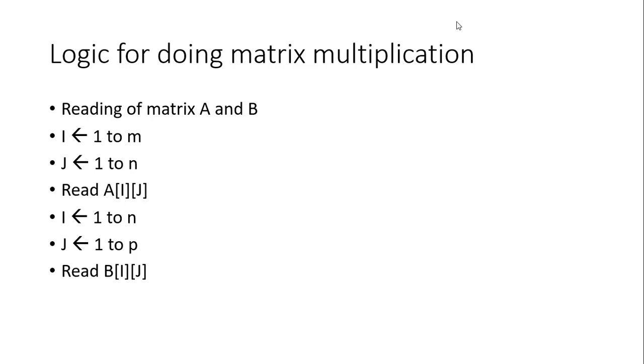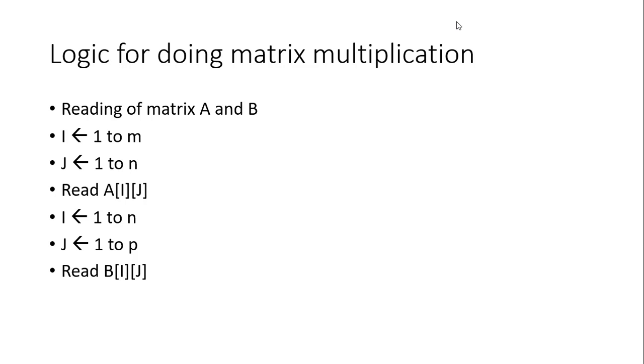Then the B matrix is read by using two more loops. Here the I value is varying from 1 to n, where n is the total number of rows on matrix B, and J is varying from 1 to P, where P is the total number of columns on B. So within this loop range, the second matrix B is read.